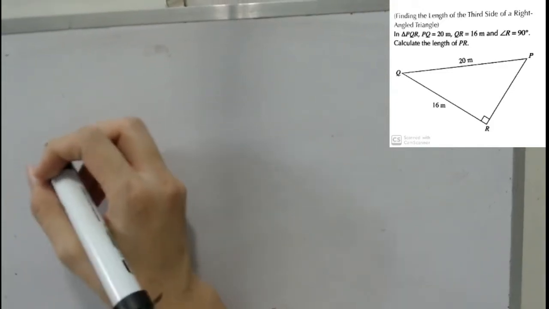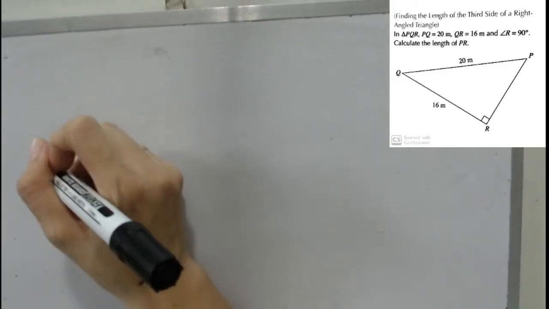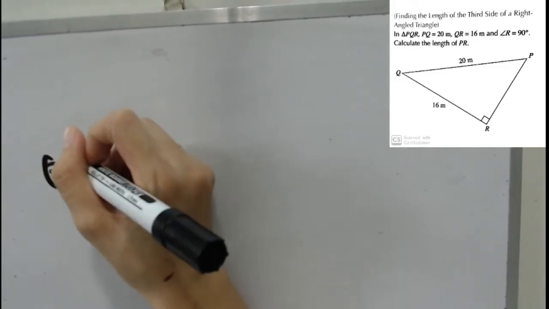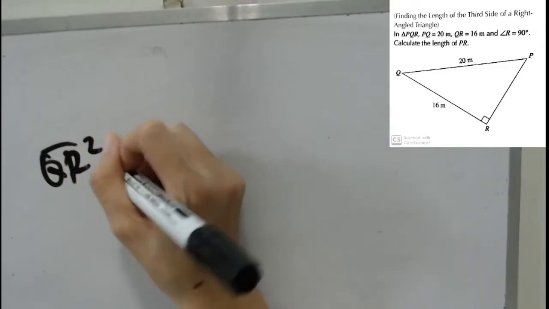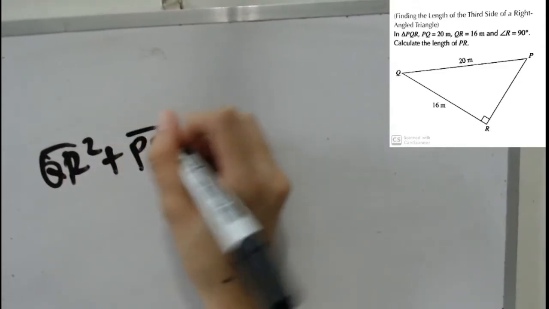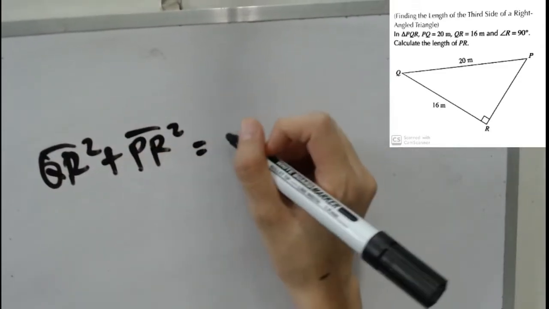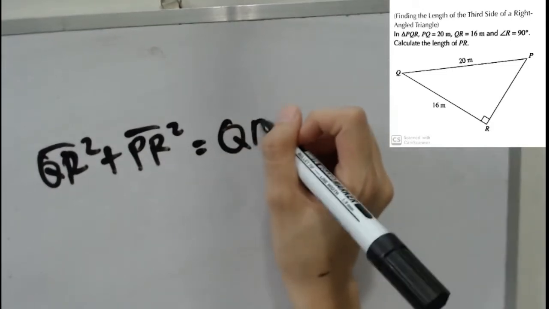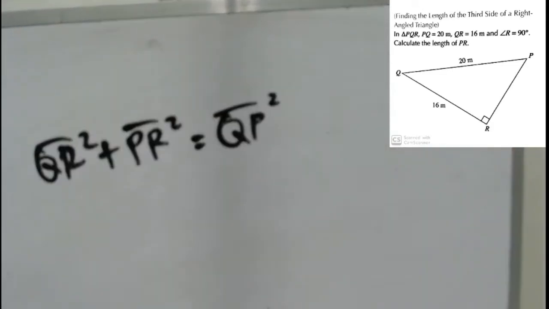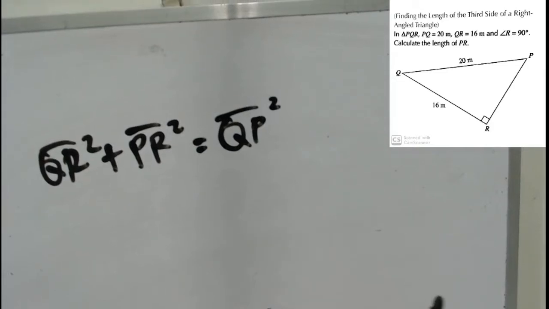So according to the theorem, the sum of the squares of QR and PR must be equal to the square of the hypotenuse. On our second example, the missing side is one of the legs.